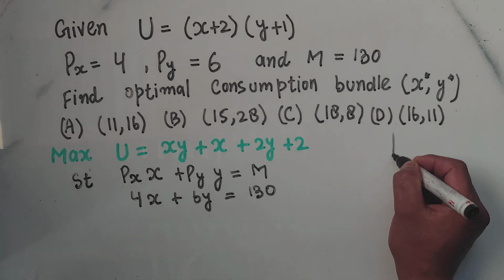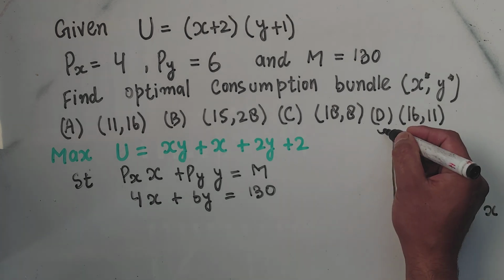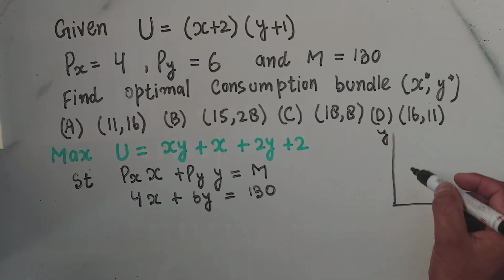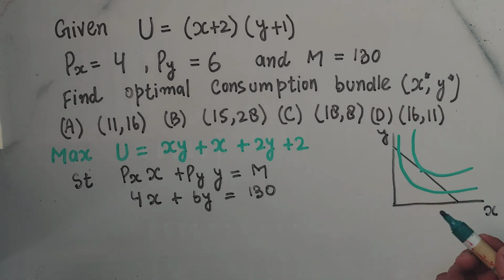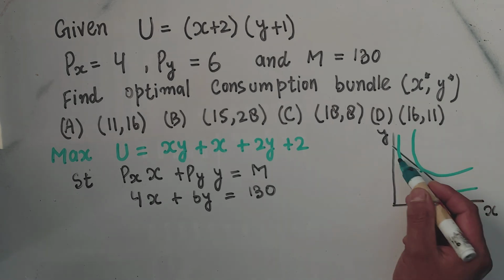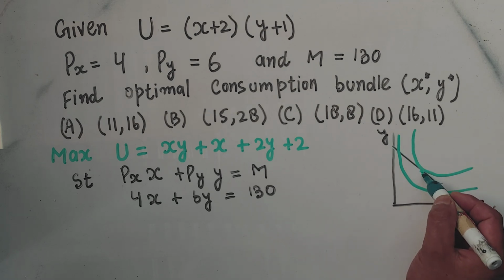And here if I draw the simple graph, it will look like this. So we have good x on the horizontal axis, good y on the vertical axis with the given budget line. Let us draw this budget line. Consumer wants to reach the highest possible utility, and highest possible satisfaction will be at a point where the budget line and utility, what we call the indifference curves, are tangent to each other.